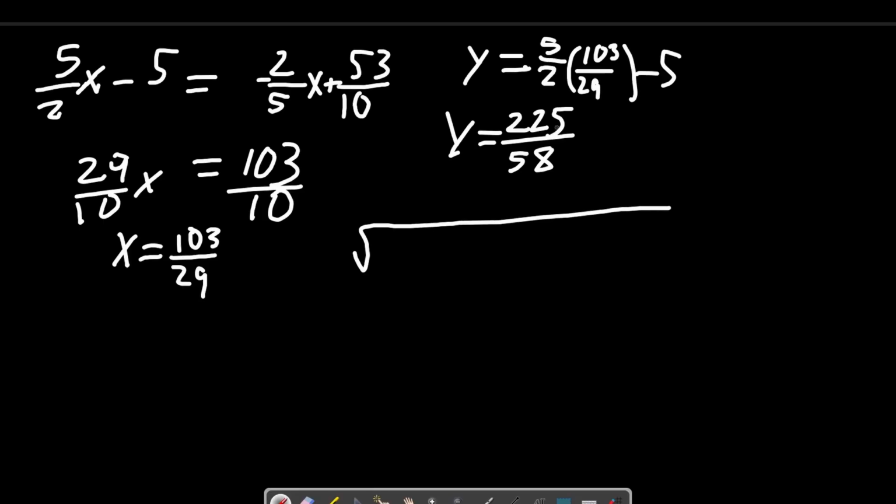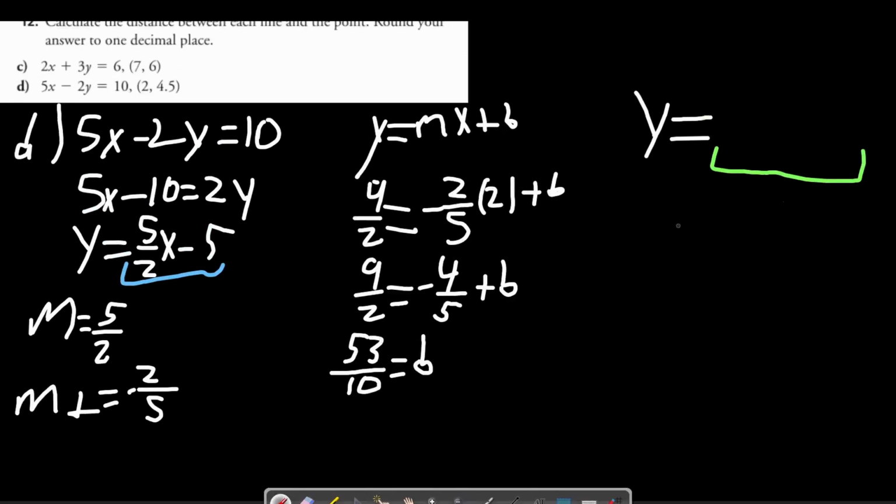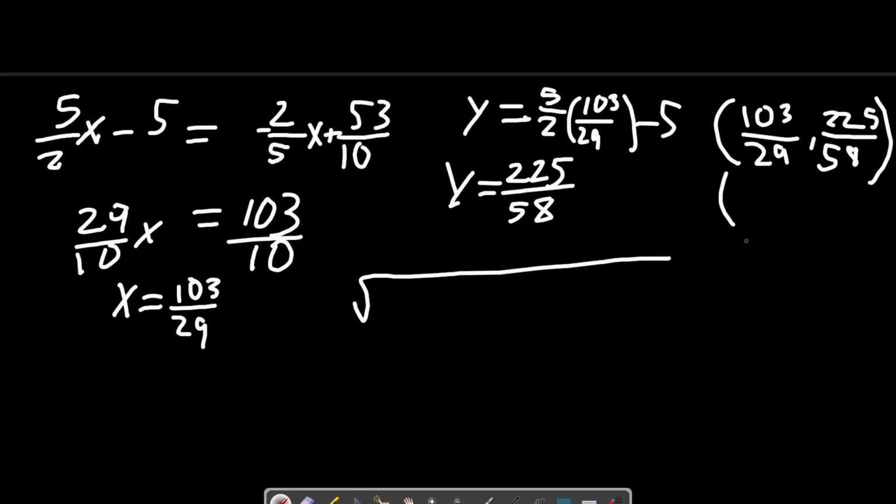So we have, oh wait, let's put our points down actually. We have 103/29, 225/58, and the other point is 2, 9 halves.